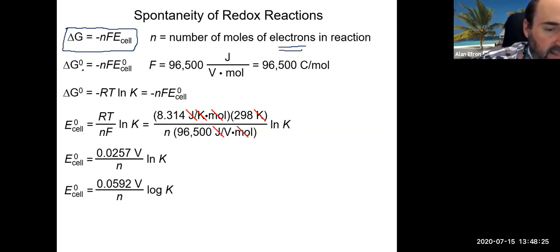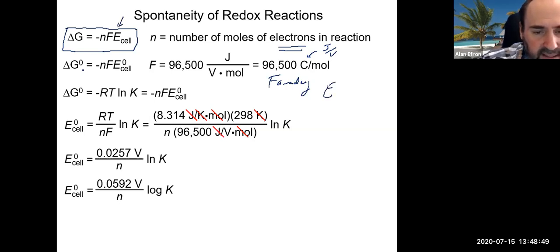F is a constant, Faraday's constant. Faraday's constant is 96,500 joules per volt per mole. And remember, a joule over a volt is a coulomb. So that's where that C comes from there. And that's a constant. And this is our E of our cell.